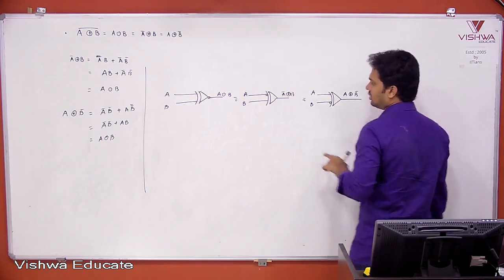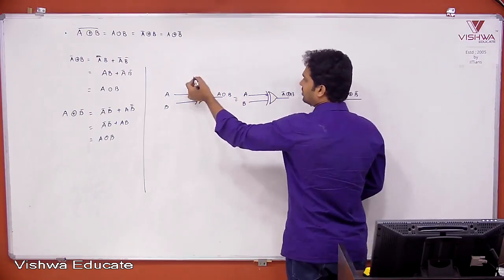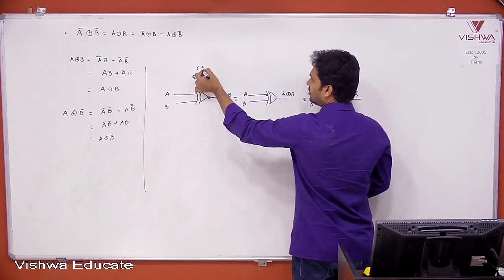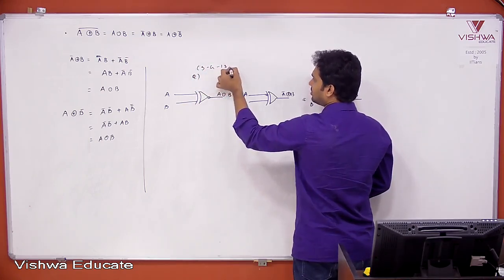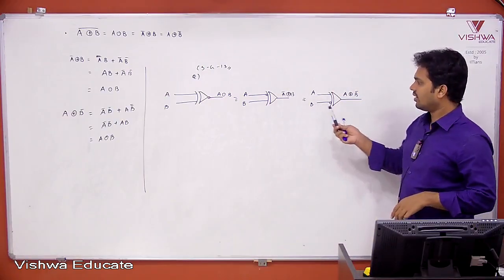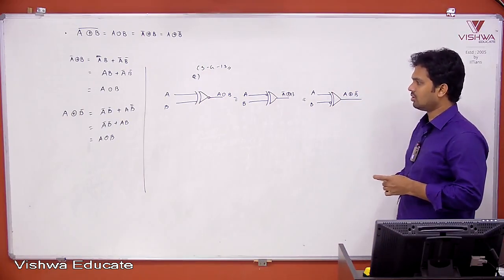Okay. The same symbol is given and they ask what is the function, XOR or XNOR. The same question is given in the Computer Science GATE 2013 paper. Okay. So these are alternate symbols for your exclusive NOR gate.